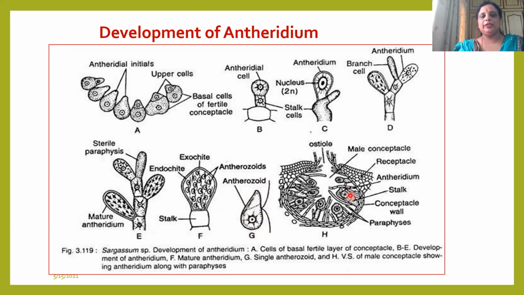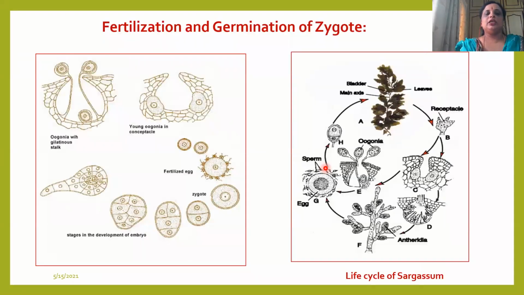So once the Antheridium matures, once the anthrozoids are produced inside this Antheridium, they get detached from this stalk-like structure, and they go and deposit at the ostiole, where the exocyte ruptures and produces certain mucilaginous structures. Through this mucilaginous structure, these anthrozoids escape from the male conceptacle, and they reach the oogonium, that is, the female conceptacle.